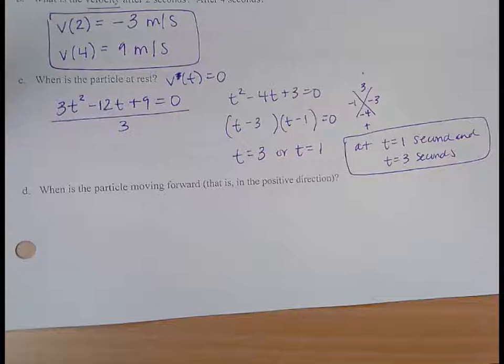All right, and then when is the particle moving forward? That is, when is it moving in the positive direction? When, or how would we determine that from what we know? When what is greater than 0? The velocity, yes.